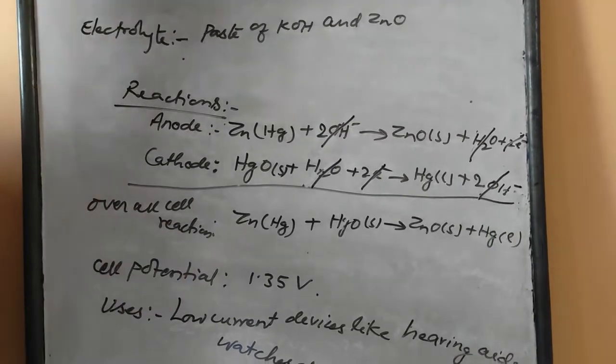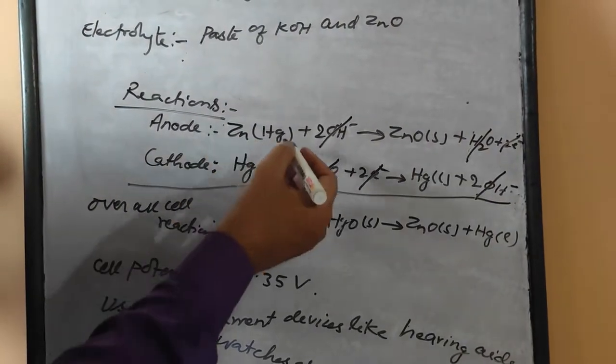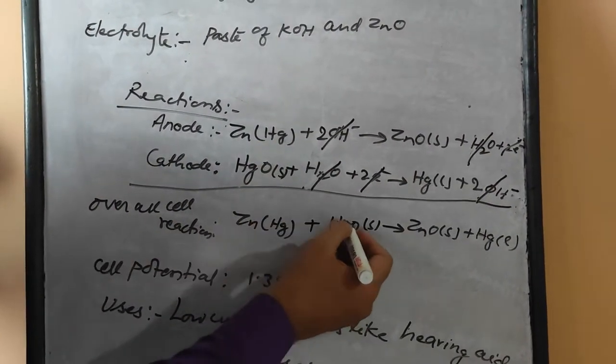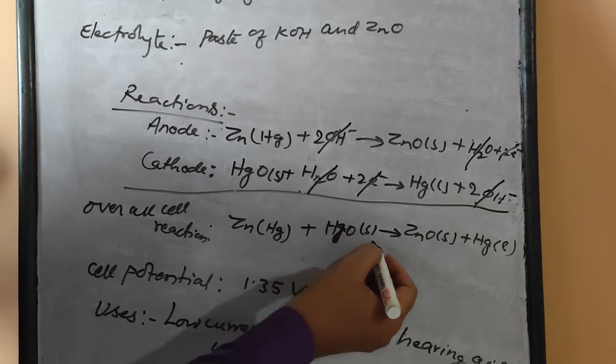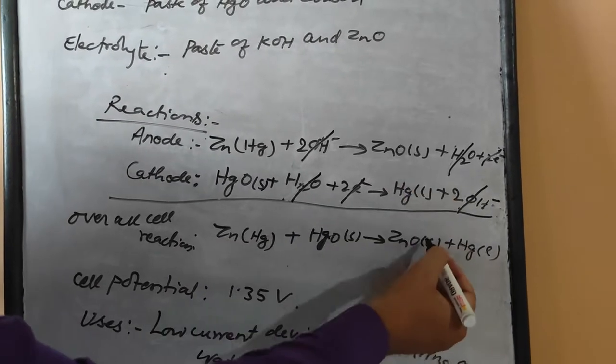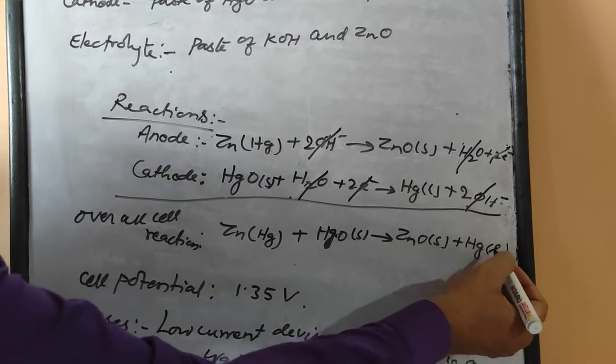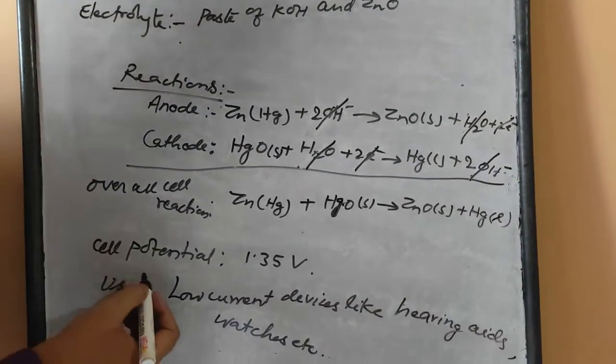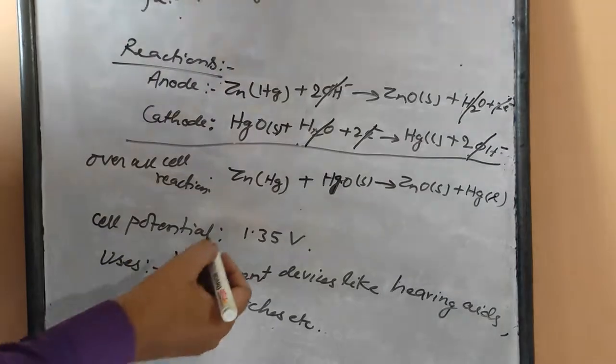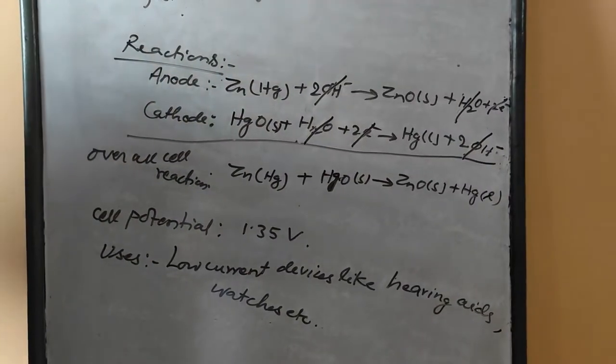So the overall cell reaction is Zn(Hg) plus HgO solid gives ZnO solid plus Hg liquid. The cell potential is 1.35 volt.